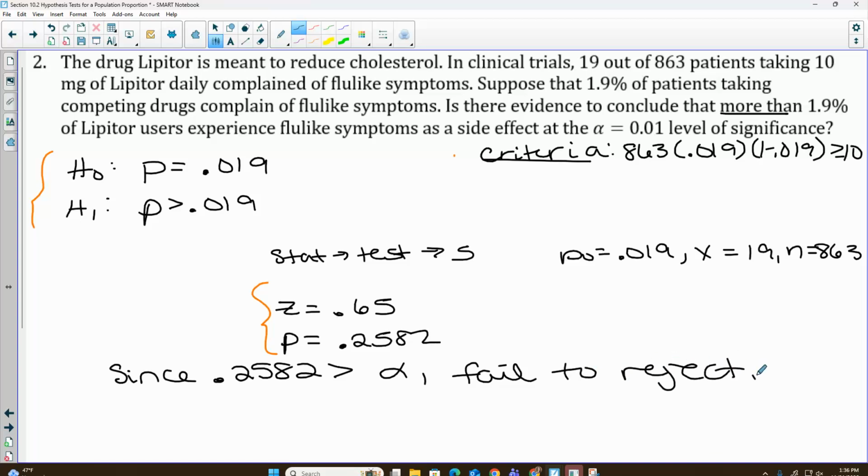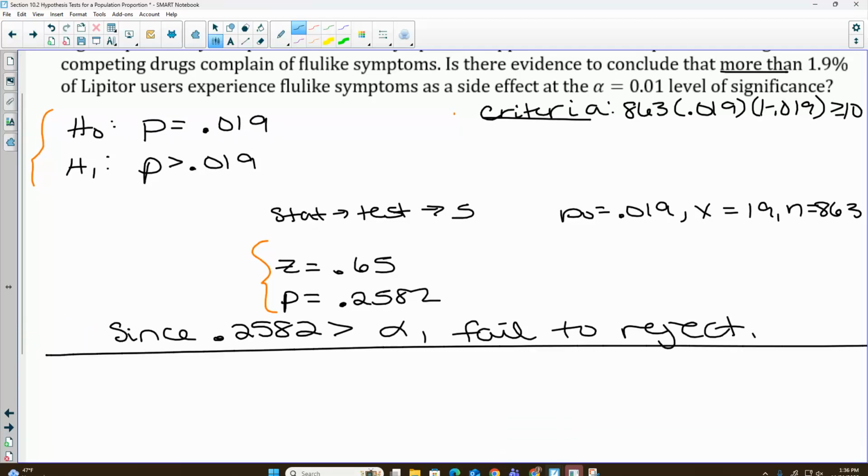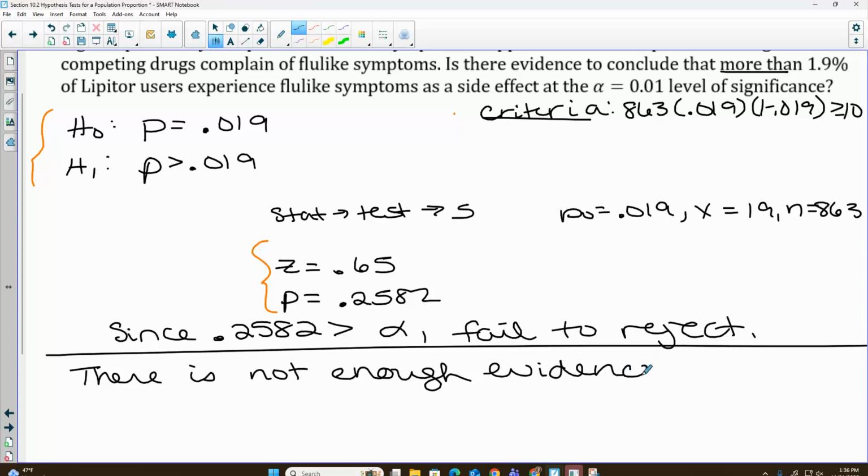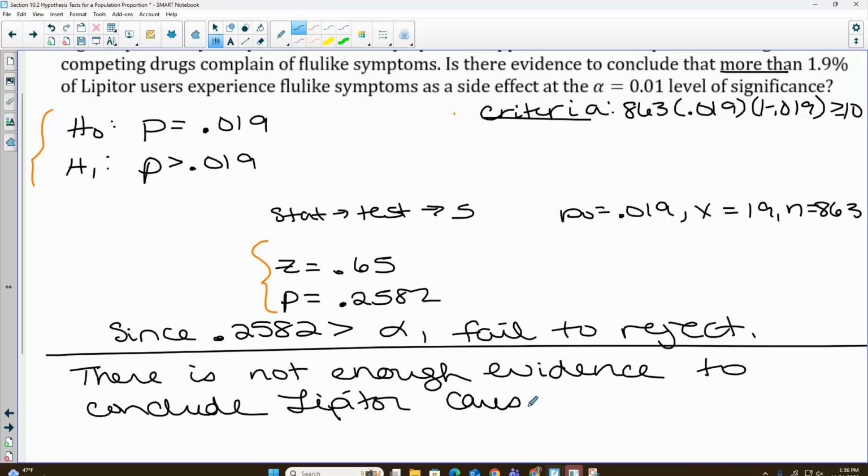Now, every now and then, not on every problem, but sometimes I will ask you to explain. If I ask you to explain, that means write me a sentence, explain what that means. So you would say, there is not enough evidence to conclude Lipitor causes more side effects.